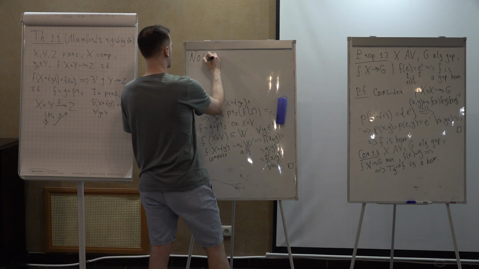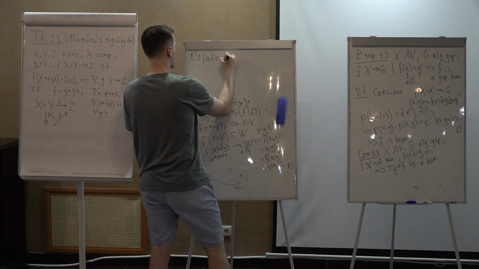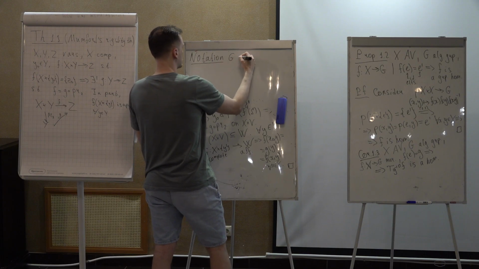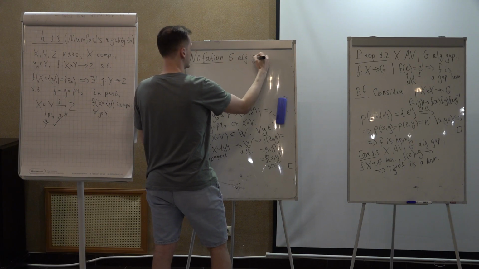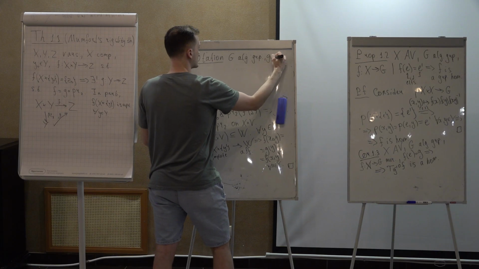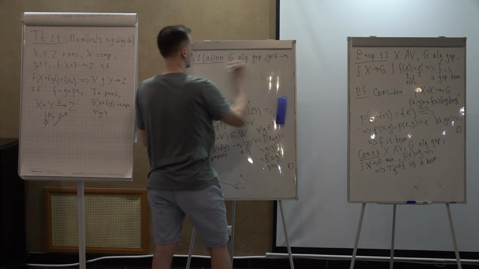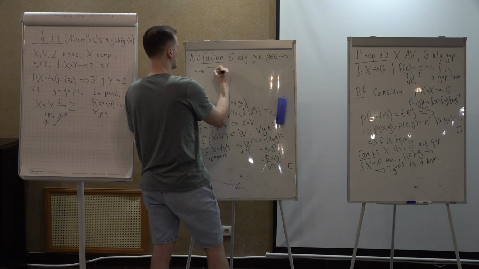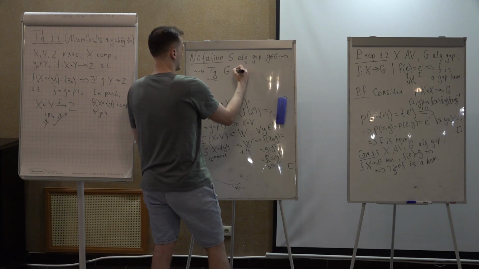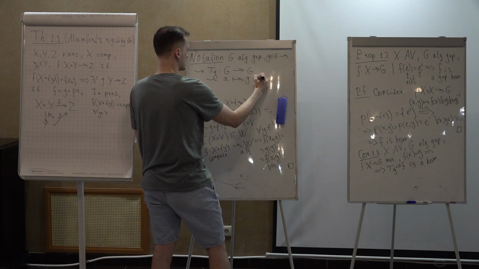So notation: for an algebraic group G and an element g in G, we have this translation map which translates by left multiplication by g.